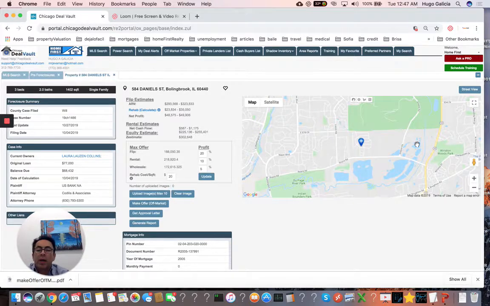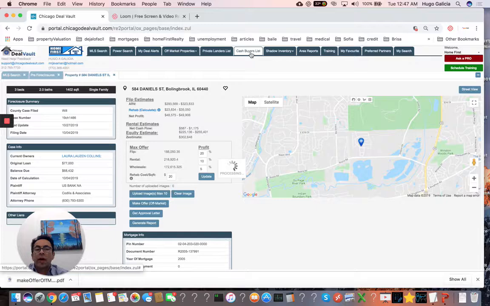Step number four is reassigning the rights of that contract to a cash buyer. So who's a cash buyer? Cash buyer is somebody used to paying retail prices cash for properties primarily sold via the MLS. So we're going to give you the cash buyers.